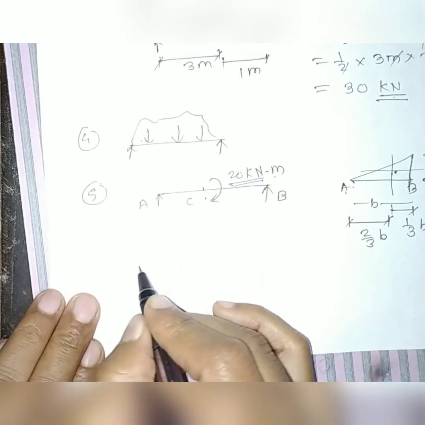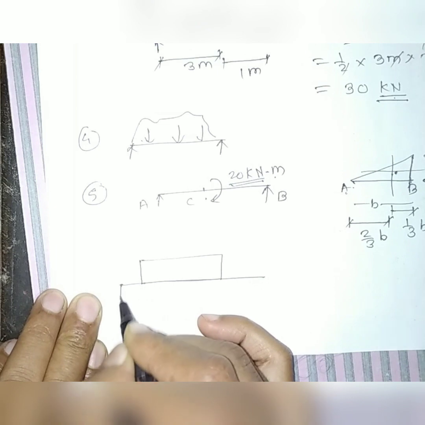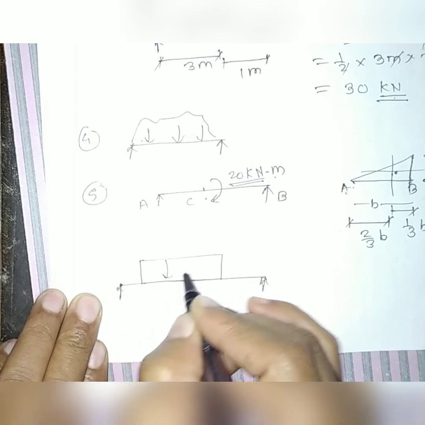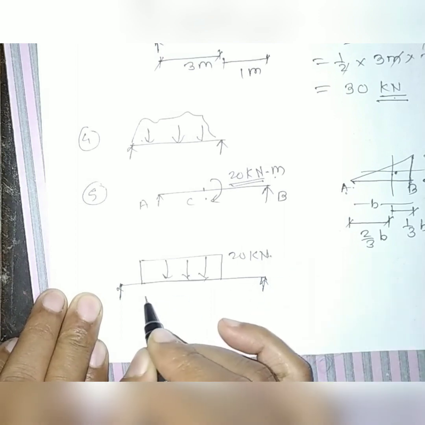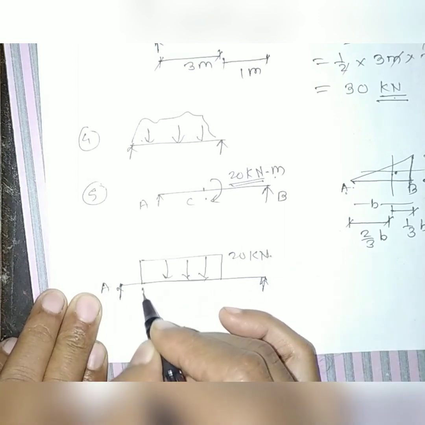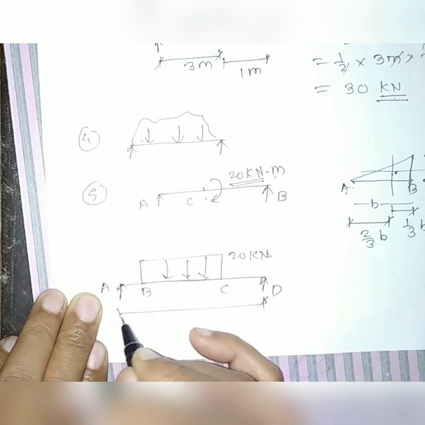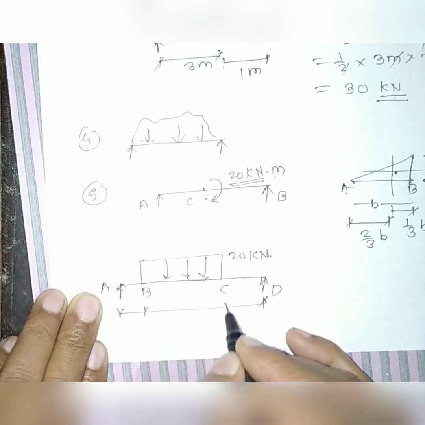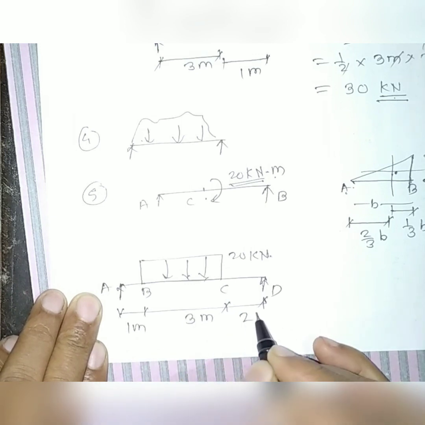Suppose the UVL is shown like this, like a rectangle. Okay. Suppose this is 20 kilonewton of height. Here are points A, B, C, D. This is 1 meter. Suppose this is 3 meter and this is 2 meter.